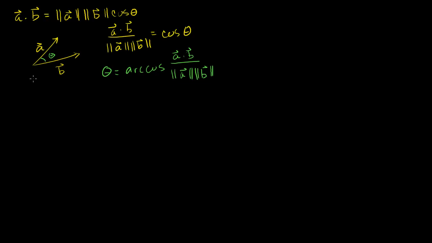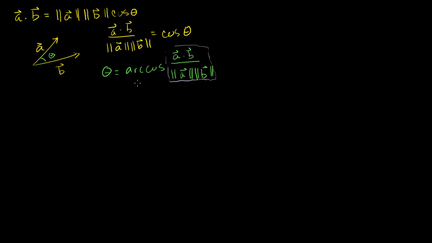So if I give you two arbitrary vectors, and the neat thing about it is this might be pretty straightforward. If I just drew something in 2 dimensions right here, you could just take your protractor out and measure this angle. But if a and b each have 100 components, it becomes hard to visualize the idea of an angle between the two vectors. But you don't need to visualize them anymore, because you just have to calculate this value right there.